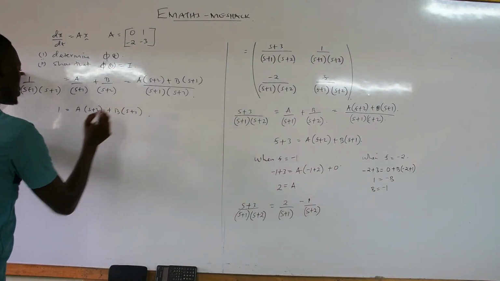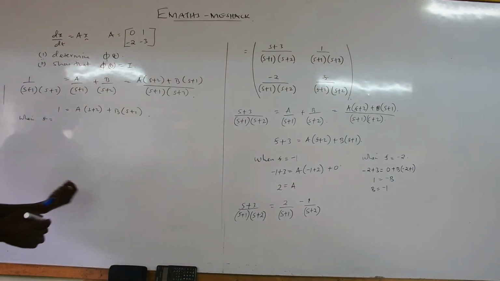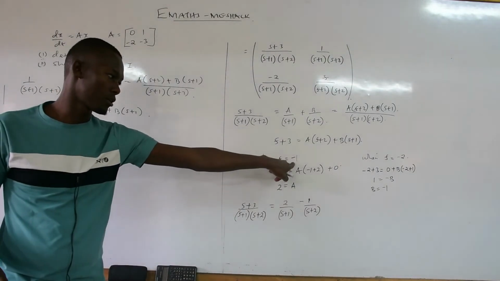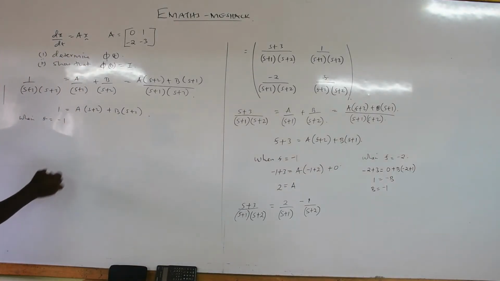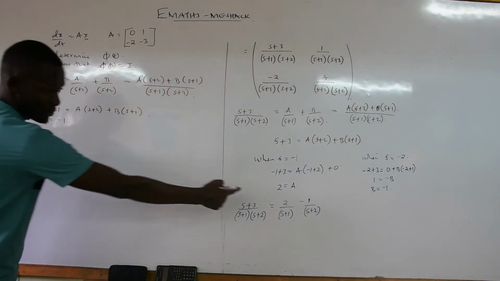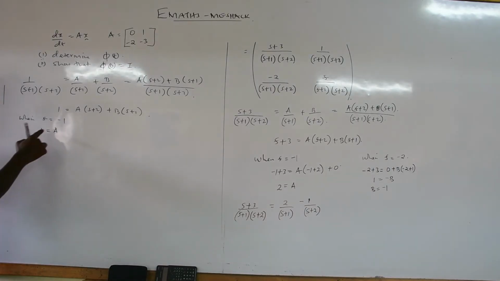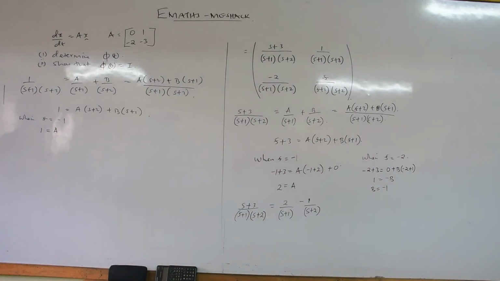But now this side we have 1 equals a times s plus 2 plus b times s plus 1. So we have the two values alternating. When s is negative 1, on the right hand side we don't have an s, so we just have 1. The left hand side we have said the answer will always be a. So my a equals 1.